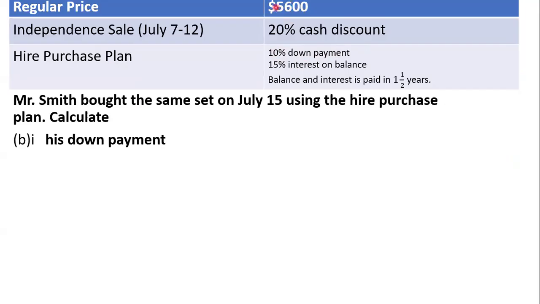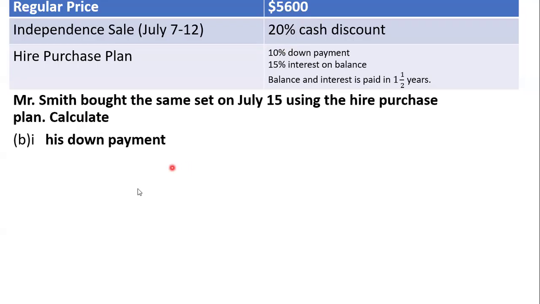Yes, so it's going to be 10% of 5,600. So how do we do 10% of this number? By turning it into a fraction or dividing. Very good. Logan, you want to help us? I was trying to figure out how to find his down payment. You can multiply 5,600 by 0.1. Okay, good, which is basically doing 10% of 5,600. Very good.